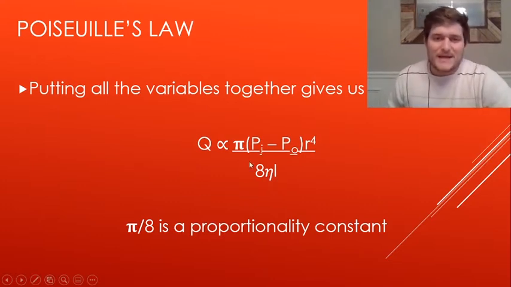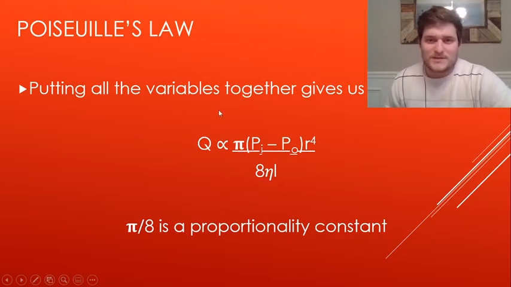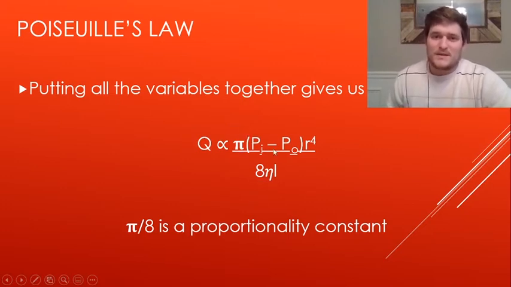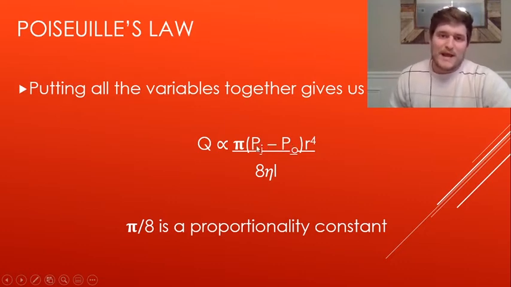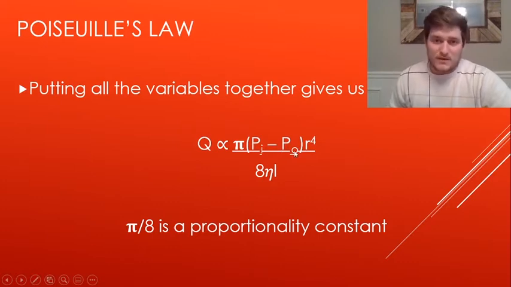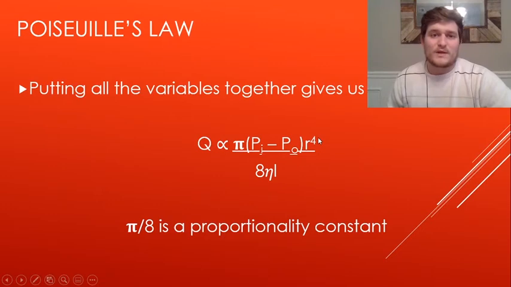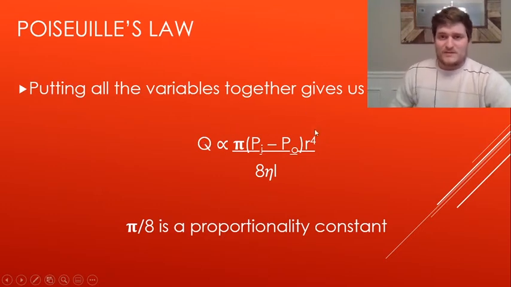Since pi and 8 are constants, you really don't need to worry about them as far as physiology is concerned. But the pressures throughout the body are going to ultimately determine blood flow, as we know. But again, the radius of those blood vessels is going to be the most important factor when it comes to blood flow throughout the circulation.